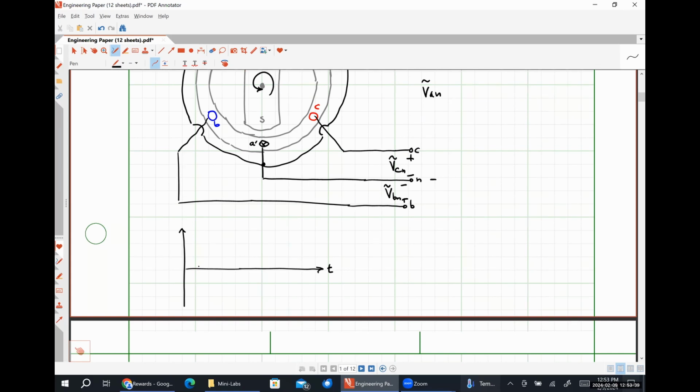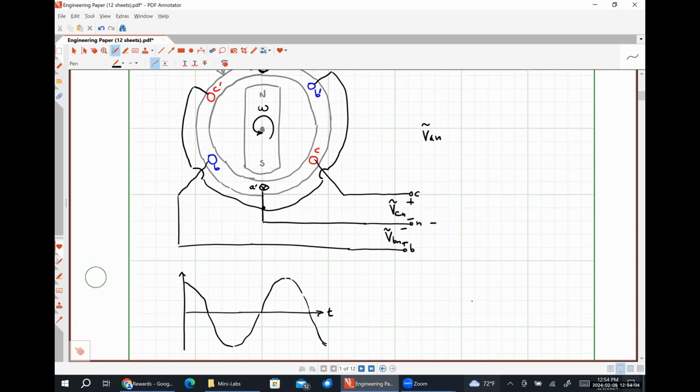So I'm starting with my A phase having no specific phase angle. So we might see something like this, where the peak value of the A phase voltage, so I'm going to put VAN as a function of time, is going to be VPA.